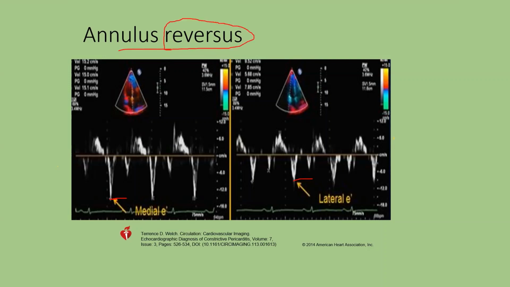Reversus means the reverse of the physiology. Sometimes people say annulus paradoxus and sometimes annulus inversus. There is a lot of jargon in this area, but the right terminology is annulus reversus. Annulus reversus, one of the specific features of constriction.